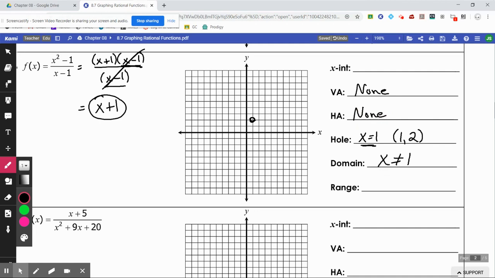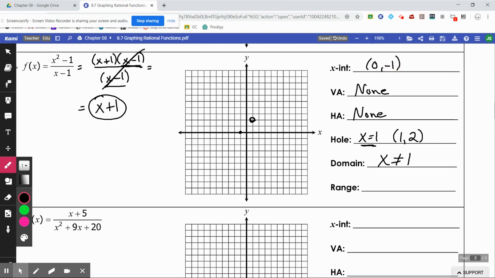You can find the x-intercept if you'd like by setting the top equal to 0. So you have x plus 1 times x minus 1 is equal to 0. However, that x minus 1 cannot be 0, so just set x plus 1 equal to 0. So you're going to have an x-intercept at negative 1, or if you want to put it as (negative 1, 0), you can.